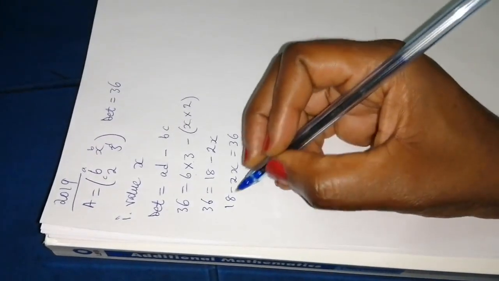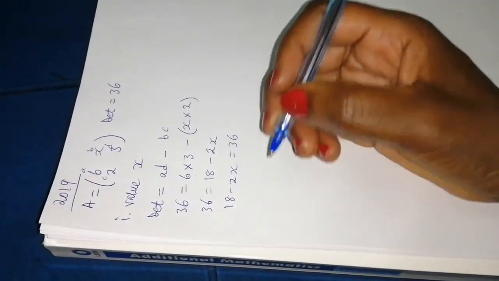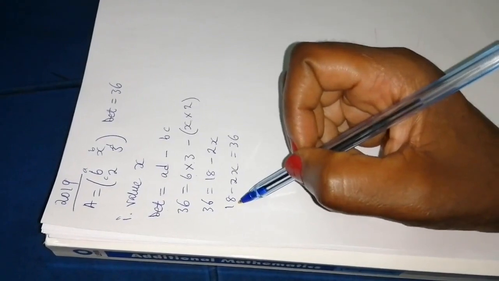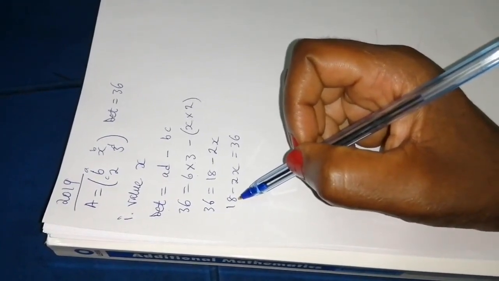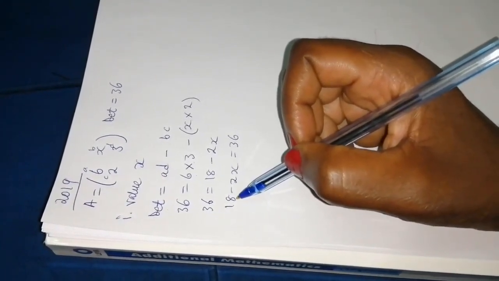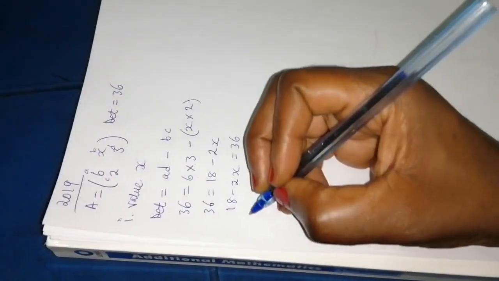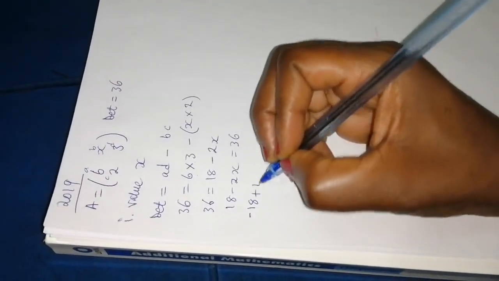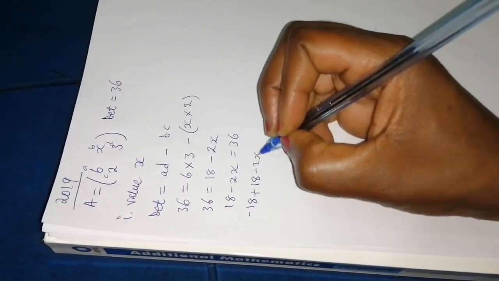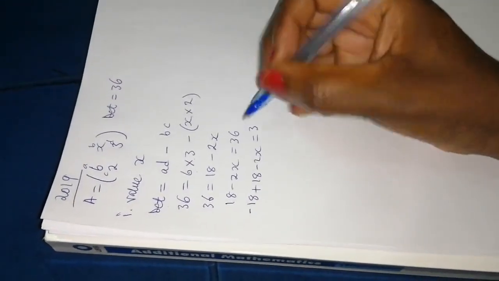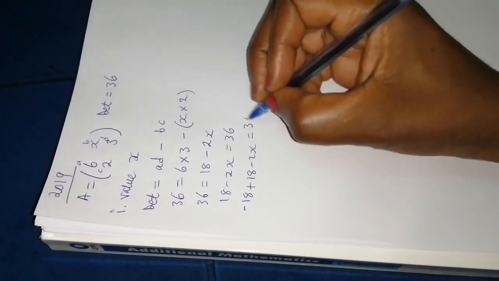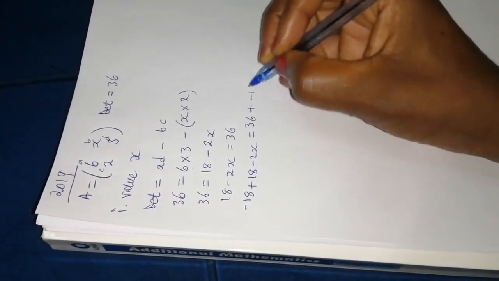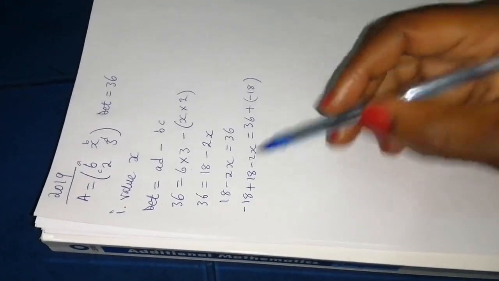Here I need to get rid of this 18, and I do so by introducing the additive inverse. This is positive 18. The additive inverse of positive 18 is negative 18. So I'm going to add negative 18 to the left side as well as the right side. So 36 plus negative 18.